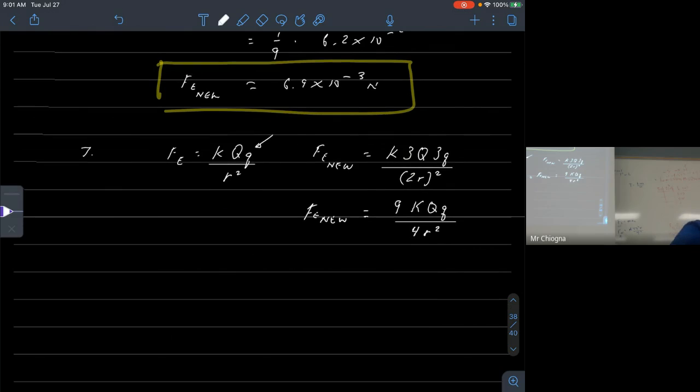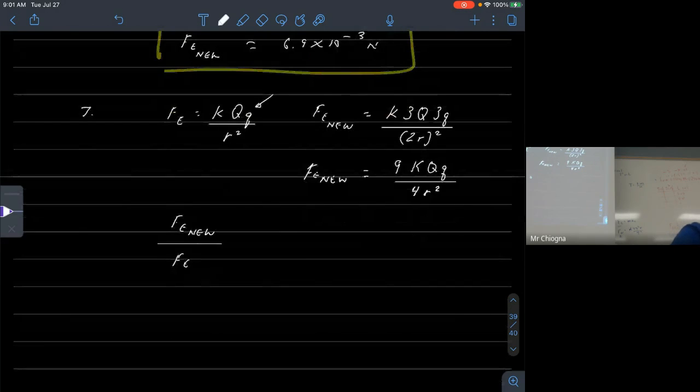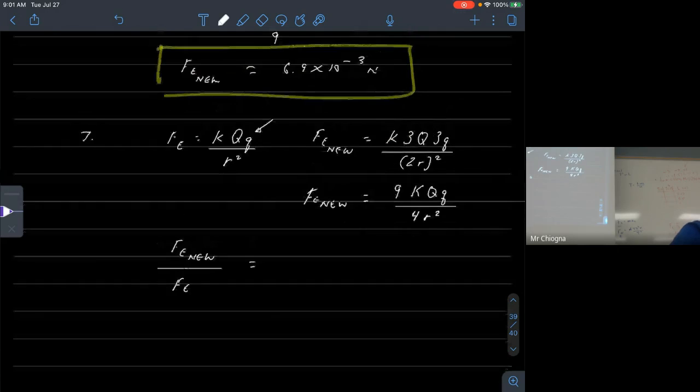I'm going to do the same thing as I did before. I'm going to put the new over the old. Just call it the old FE. Whatever I do on the left, I've got to do on the right. So I've got to put this over this.